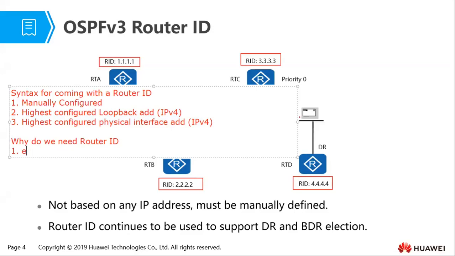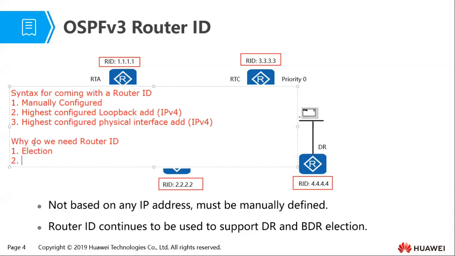So it can be used during the election. When the router priorities cannot break the tie, then we look at the router ID. Which router ID is preferred, the highest or the smallest? The highest. Thank you very much.